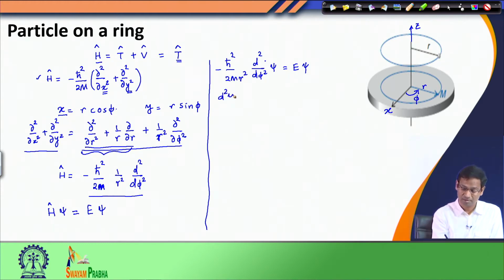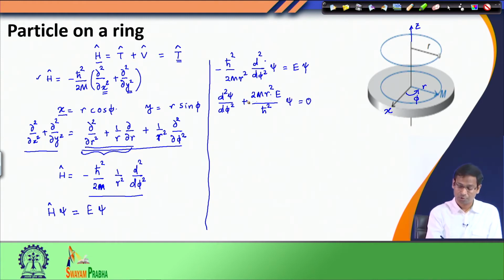Or we can simplify this. So, where I have made the second derivative term without any prefactor, and all these prefactors are converted here.